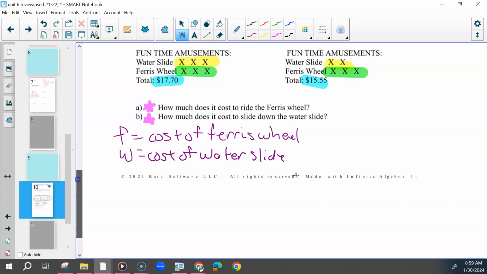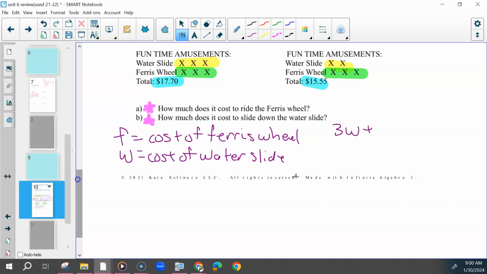And since we have 6 numbers, you're going to set it up just like we did for 25. Each number will get used. Water slide goes with W, so 3W plus 3F equals 1770.